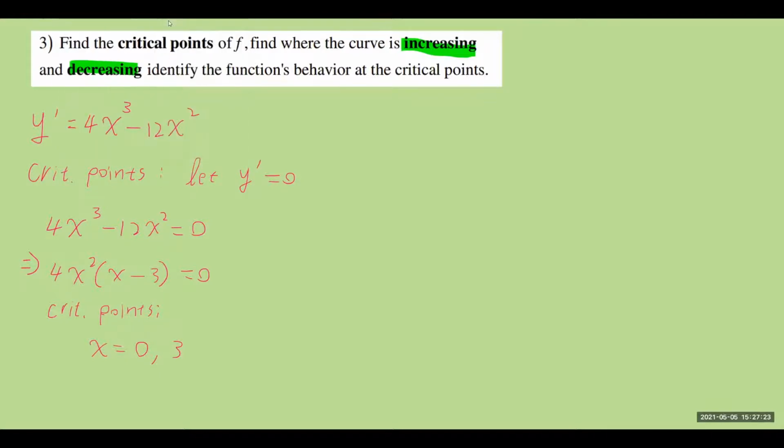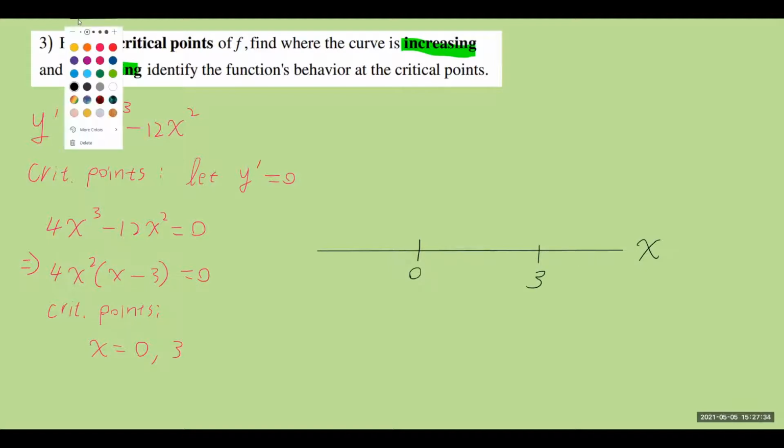We want to draw a real line with the x values on here, and then label our critical numbers, and do f prime. So we know that f prime is 0 at 0 and 3, and that gives us 3 parts. These two critical points cut the x-axis into 3 different parts: to the left of 0, between 0 and 3, and to the right of 3.